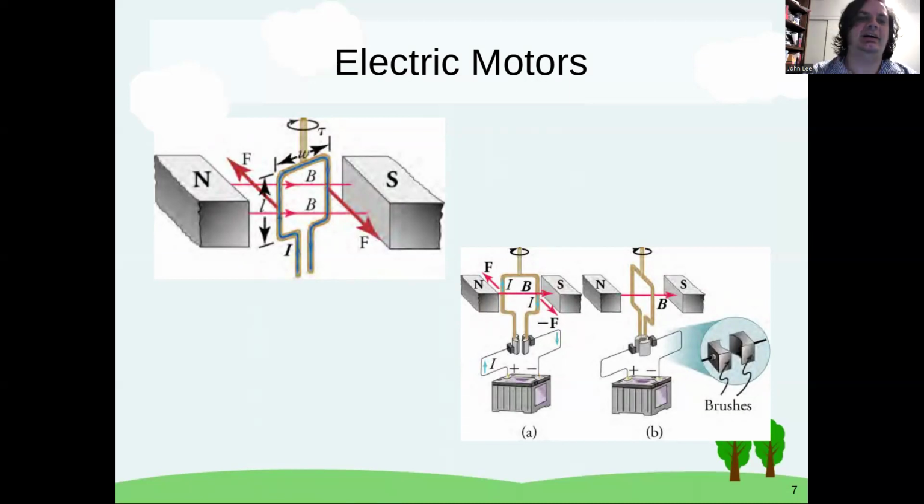So it causes a force moving the loop around, which causes a torque, which can then be harvested as mechanical energy rather than electromagnetic energy like it was beforehand.